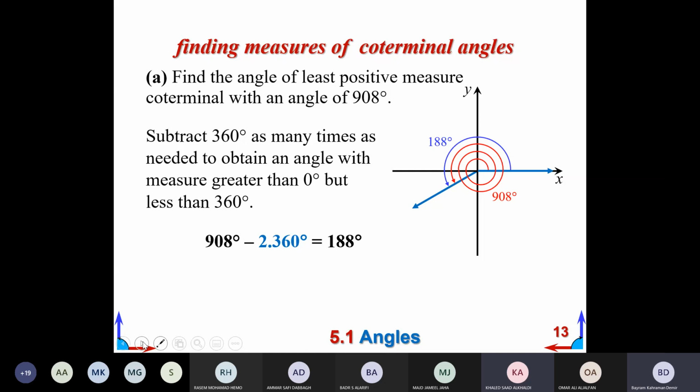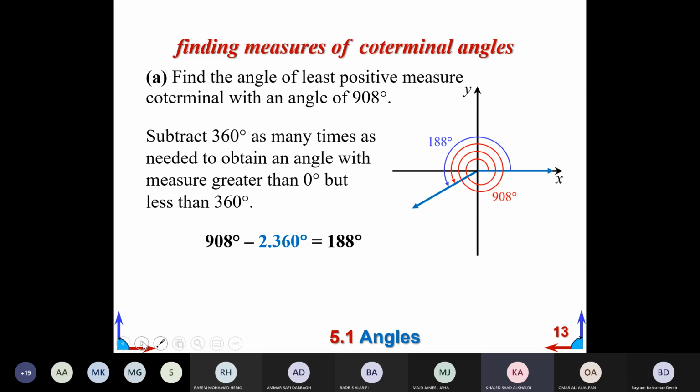And when do we add 360? Well, if you'd like to find bigger, larger angles. But here the wider angle is 908.